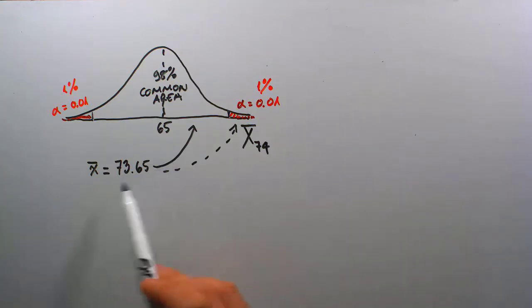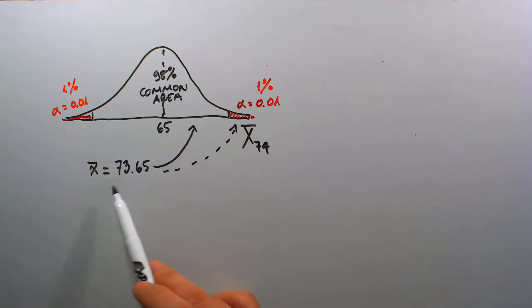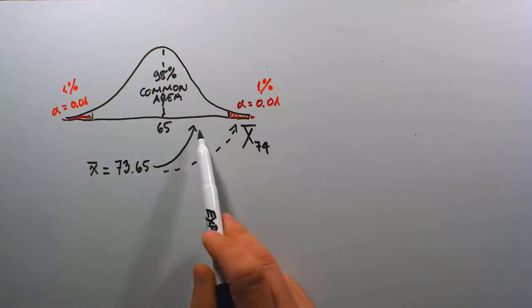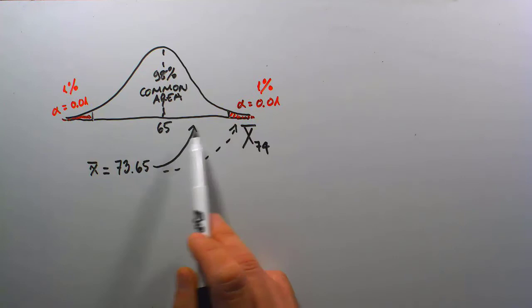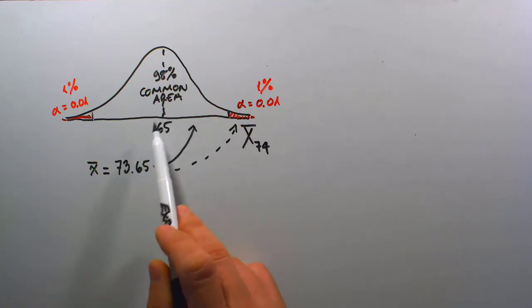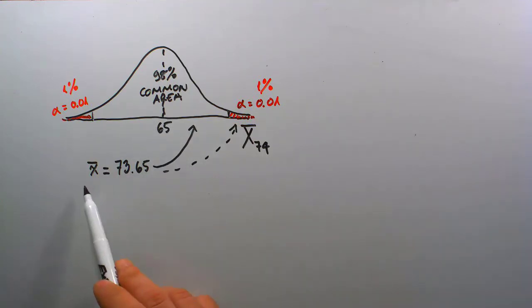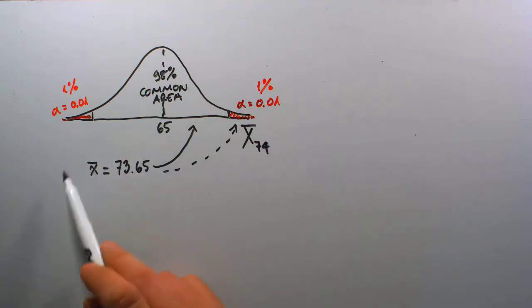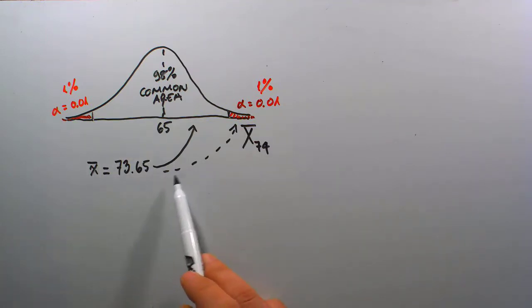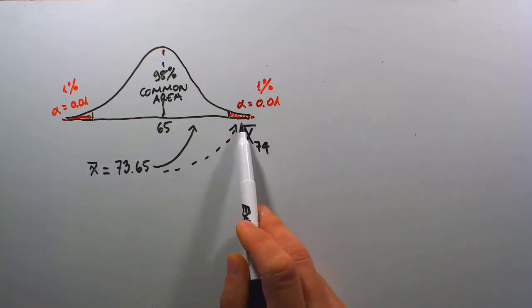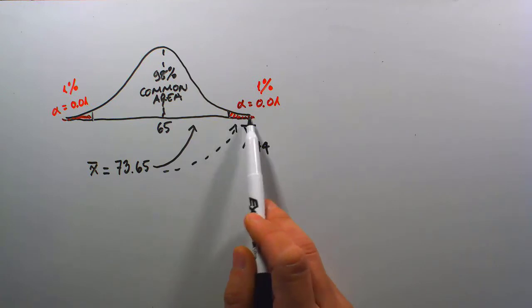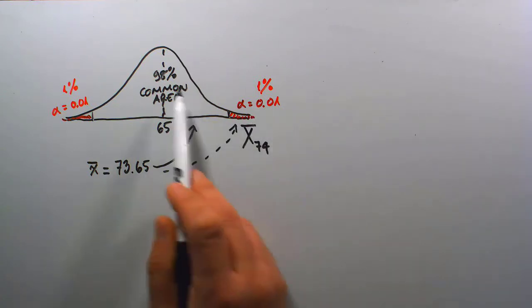Since this sample mean value is already known to be to the right hand side of the value being claimed in the null hypothesis, we are interested in finding out whether this sample would further fall into that tail, that red unlikely area to the right hand side of the common area.